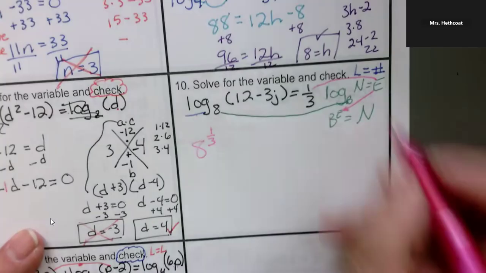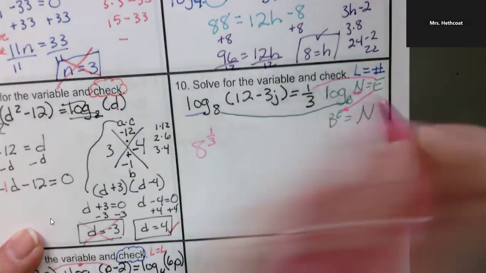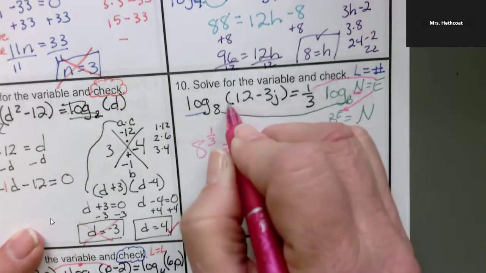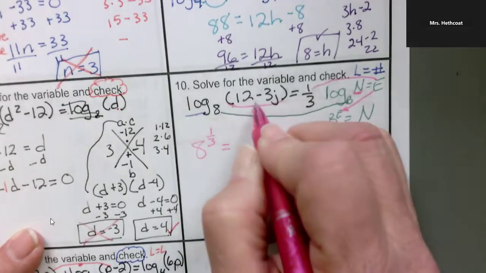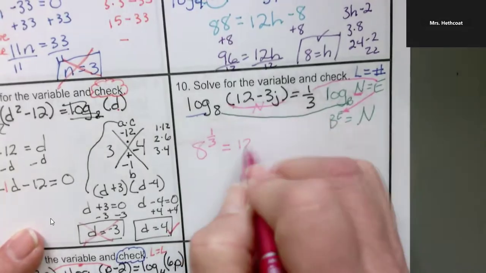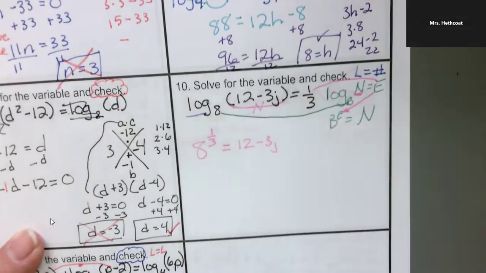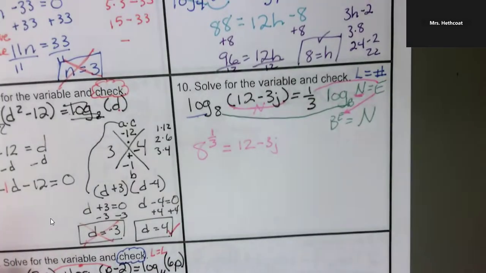Now all I have left is the N, and it's going to be after the equal sign. The N is this whole part. So 12 minus 3J. And now we have an Algebra 1 problem, right? Not an easy Algebra 1 problem, like it's complicated still, but an Algebra 1 problem.